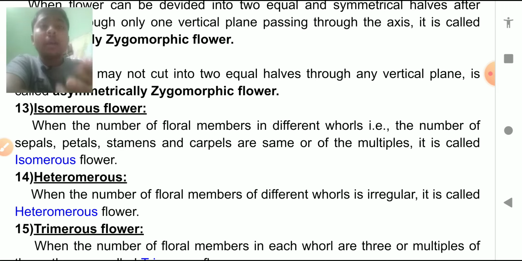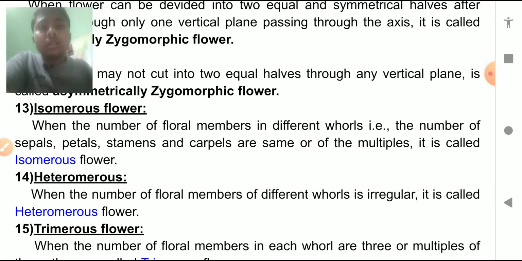Like when a flower bears the four floral whorls: calyx, corolla, androecium and gynoecium. Sometimes the calyx may be 3 and the corolla may be 6, meaning a multiple of 3. So this is called an isomerous flower, and at the same time the androecium may be 6 and the gynoecium may be 6.